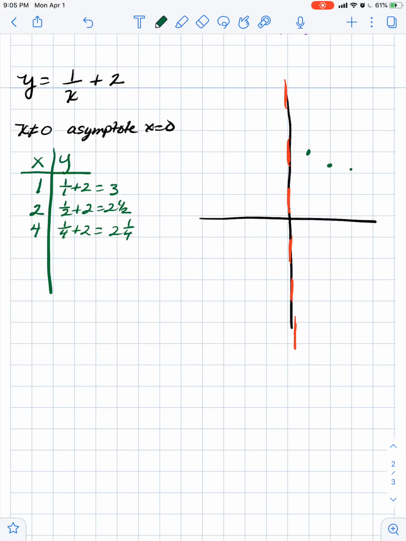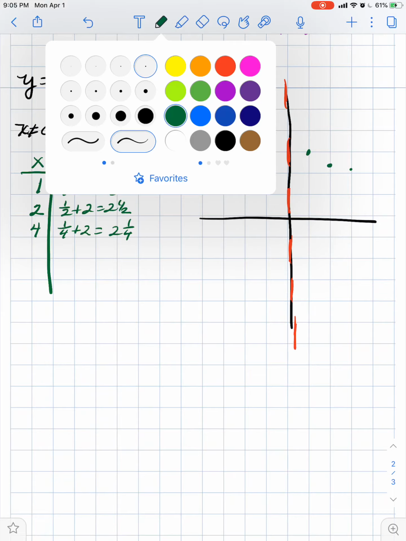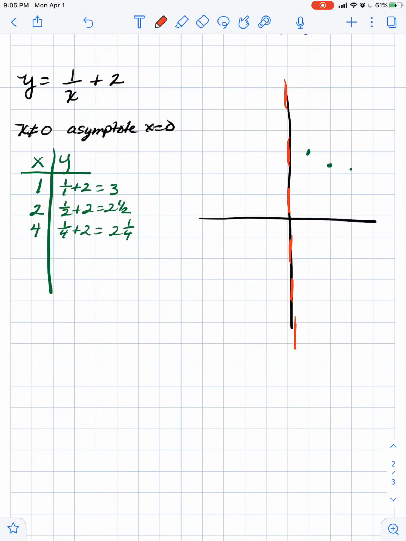So hopefully what you're seeing now is that what it did to my asymptote, instead of it being at my x-axis where y equals 0, it is now up here. I've moved it up 2. So my other asymptote is at y equals 2.